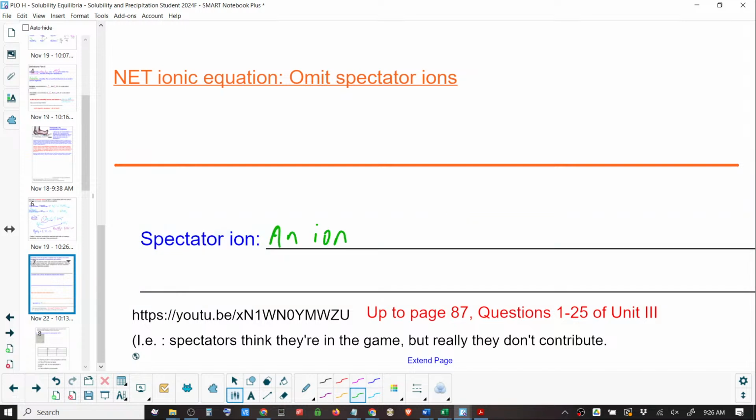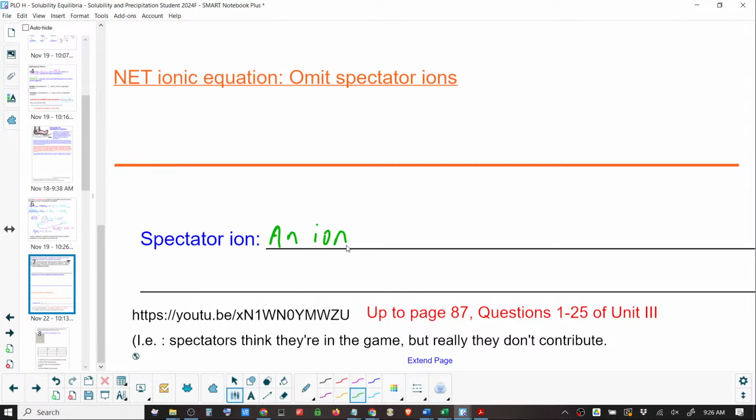Okay, what's the definition of a spectator ion? It spectates. It doesn't do anything. It's a good practical, you don't see it becoming something else. But how can we define it so that we know exactly what it is? How do you know in your complete ionic equation that it's a spectator ion?